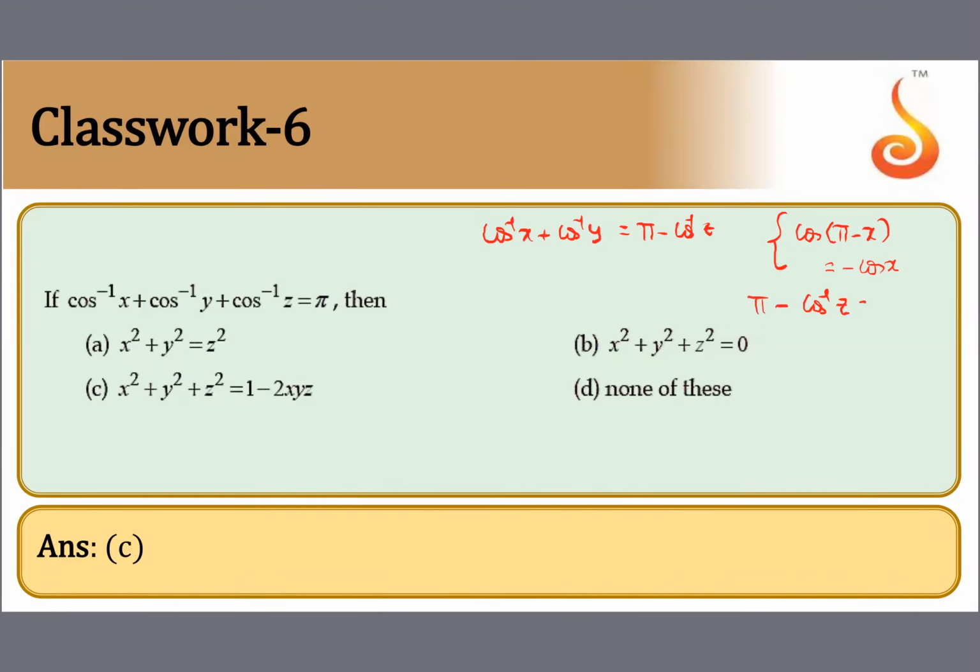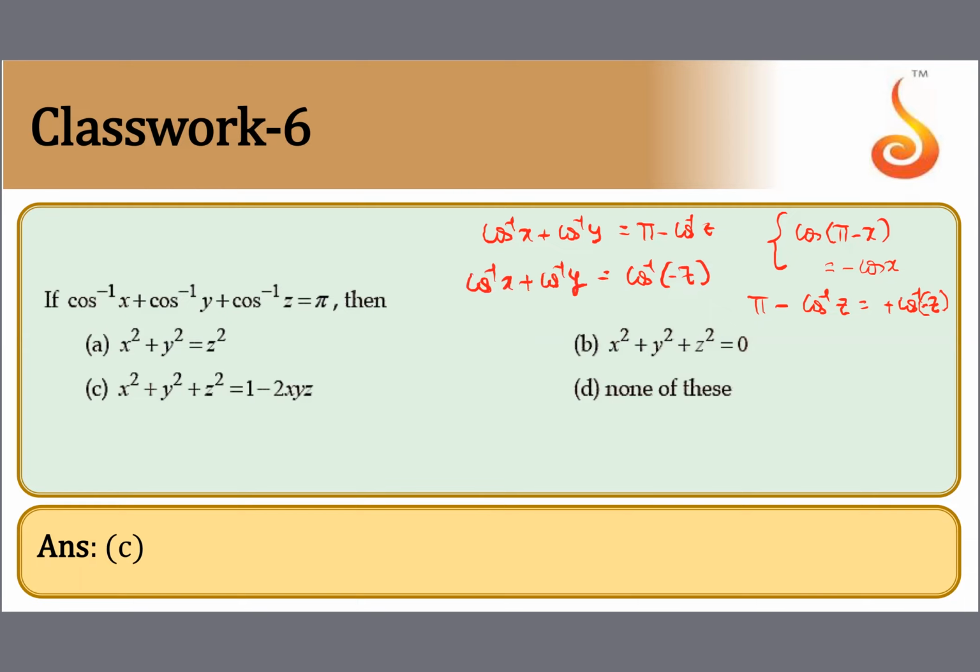So cos inverse of minus z is pi minus cos inverse z, which gives cos inverse of minus z equal to cos inverse x plus cos inverse y.